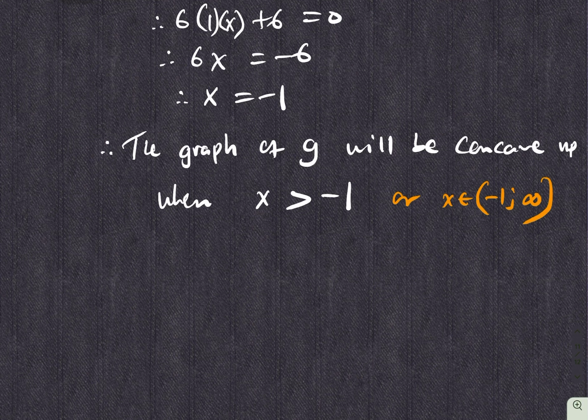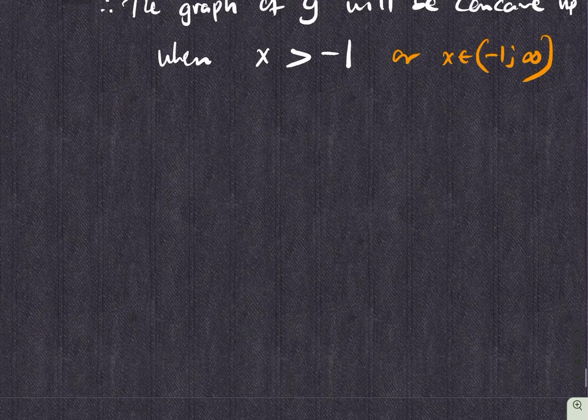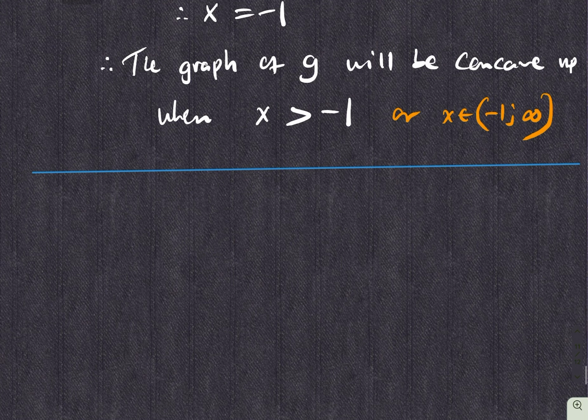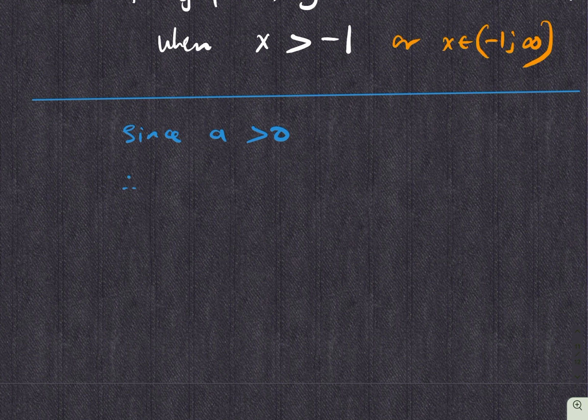It's correct. One of the two is correct. But for those of you who love maths like myself, you can just really approach it in this way. You know I love maths, so I can have an array of ways to really solve one problem. Think about it. If a is positive, just write: since a is positive, that means this graph is going to be concave up.